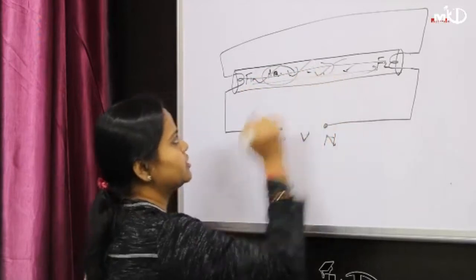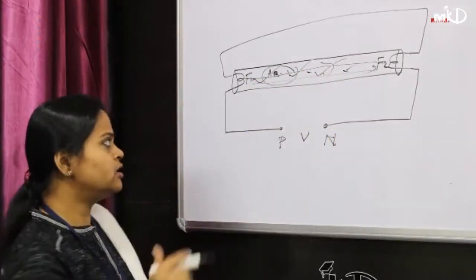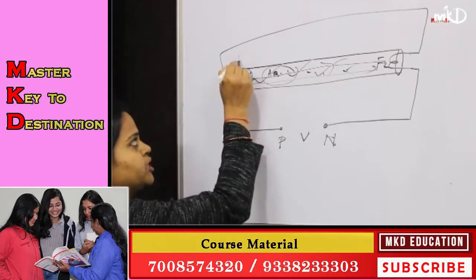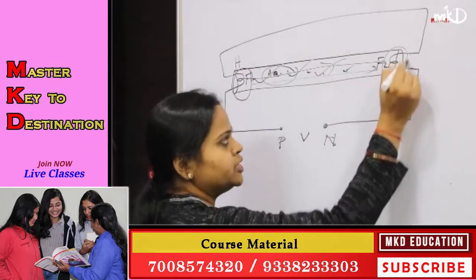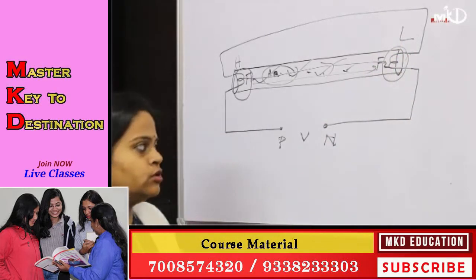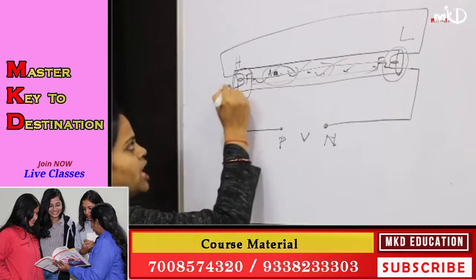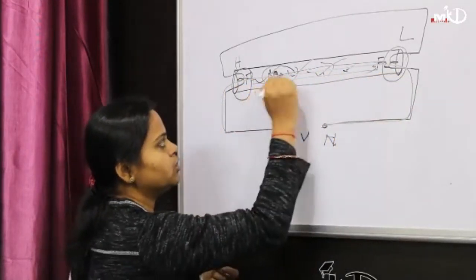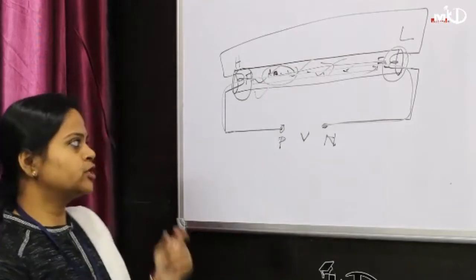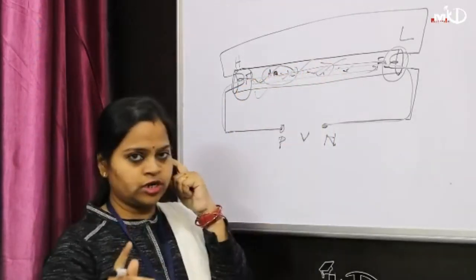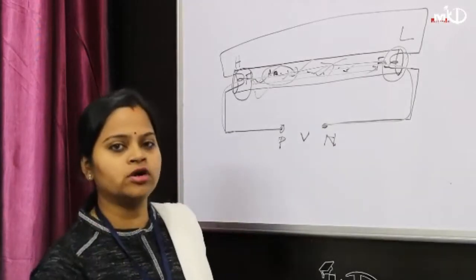Simply, filament 1 must be at a higher potential and filament 2 at a lower potential. What we know is that current always flows from higher to lower, then only it will work. So to energize these materials, we actually need a higher amount of voltage.